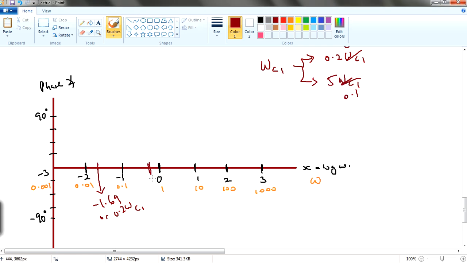So at this point, this is minus 0.3, or 5 omega c1. In between these two points, you will have a 45 degrees angle.